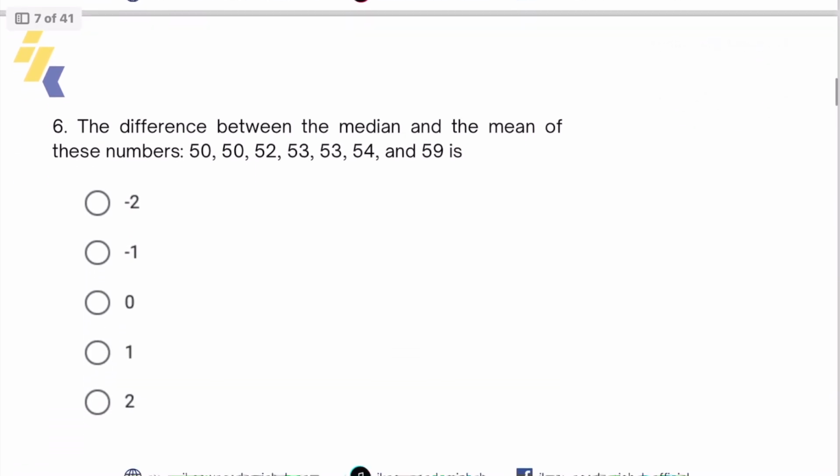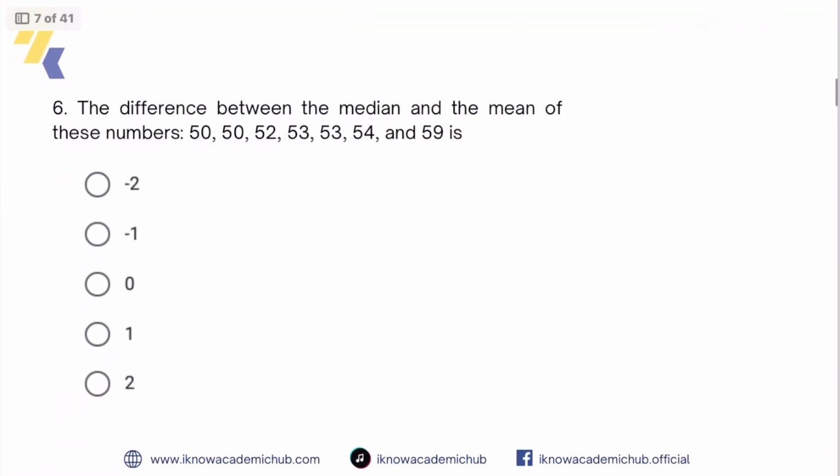Okay, so let's proceed to number 6. The difference between the median and the mean of these numbers 50, 50, 52, 53, 53, 54, and 59 is. So we have to identify first what median is.